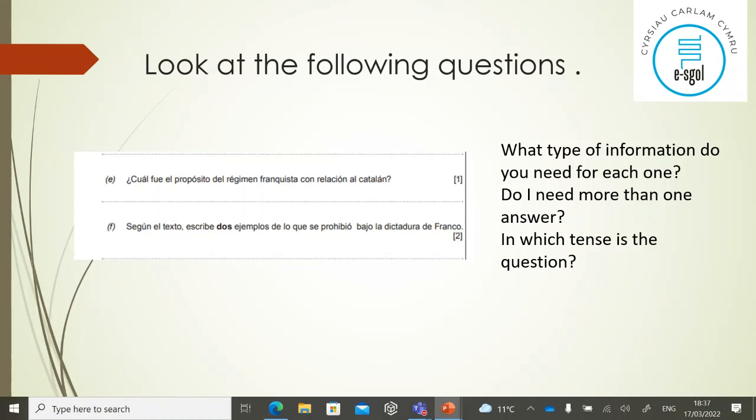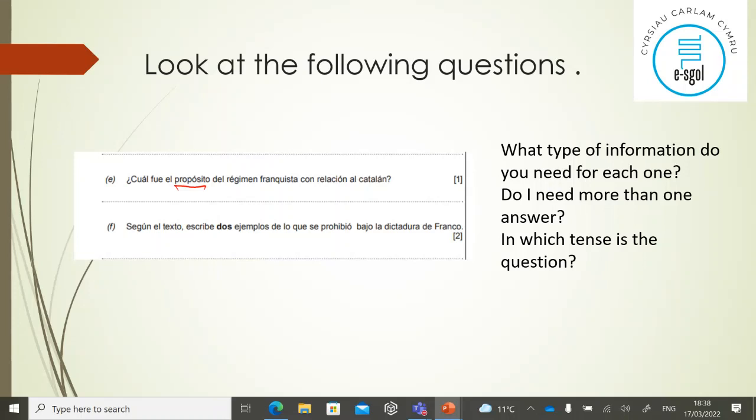Question E. ¿Cuál fue el propósito del régimen franquista con relación al catalán? What was the meaning or the purpose of the Franquista regime in relationship with the Catalan language?